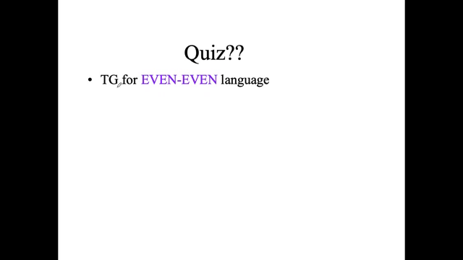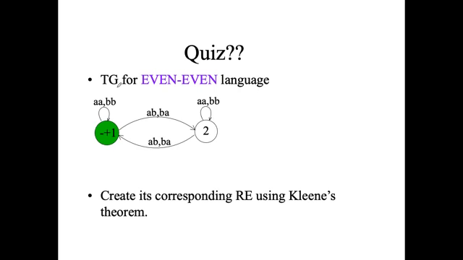I give you the example transition graph for the even language, which is given as this one. There is one initial and one final state. It will be a bit tricky, but you create its corresponding regular expression using Kleene's theorem part 2, and by practicing in this example, you will learn how to convert a transition graph to a regular expression.